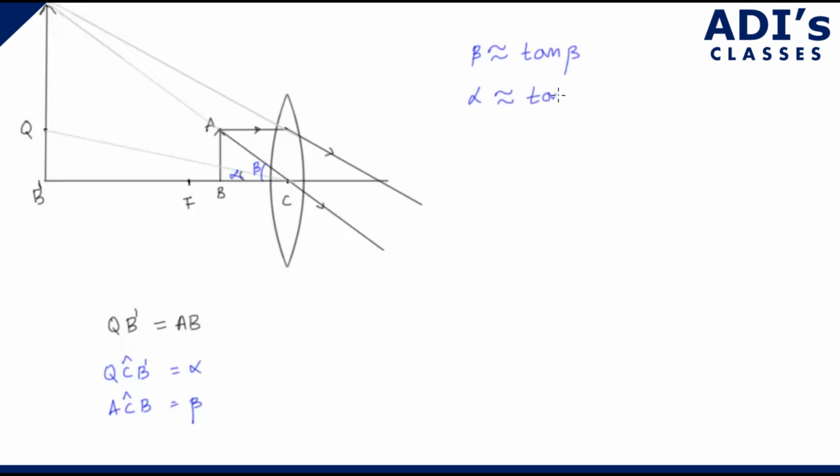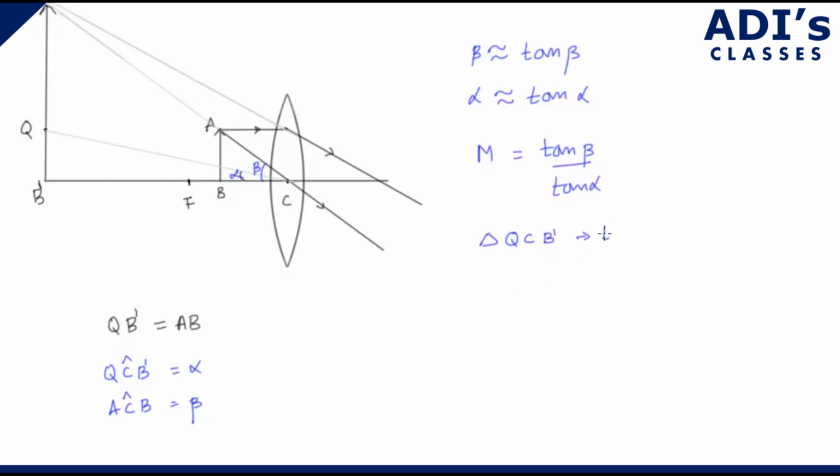Now, since beta and alpha are very small angles, we can write beta is almost equal to tan beta and alpha is almost equal to tan alpha. So we have m equal to tan beta by tan alpha. Now we'll consider two triangles.